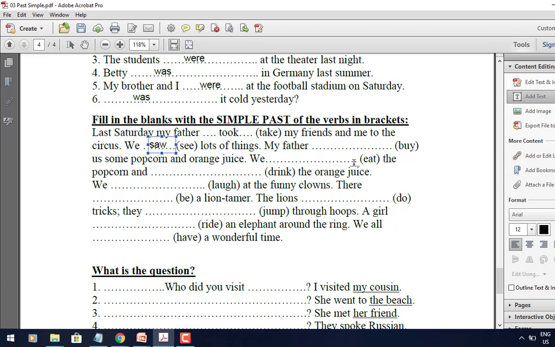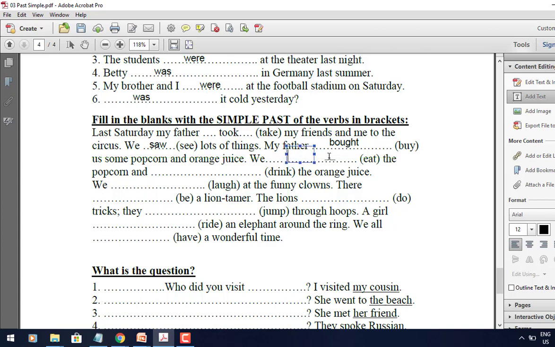My father buy us some popcorn and orange juice. We need to put buy in the past form. It's irregular, and the past form is bought. We bought. My father bought us some popcorn and orange juice.